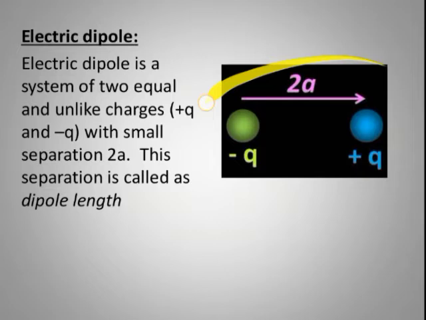And you will be learning about this dipole in terms of uniform electric fields. The charges are equal to one another, and you can find that the net charge over them is zero, that is, neutralized.